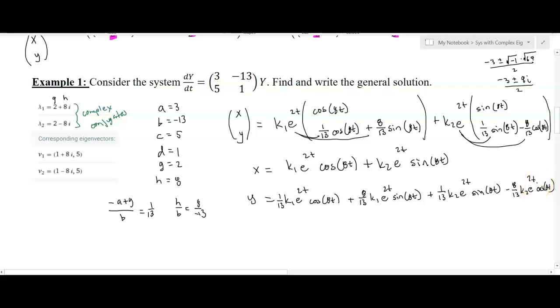Now, to find initial conditions for k1 and k2, this can get a little cumbersome because we would need initial conditions for both x and y. And so once we substitute in our t equals 0, we're going to get a pretty, I shouldn't say ugly looking system, because of the sine of 8 times 0, those will go away.